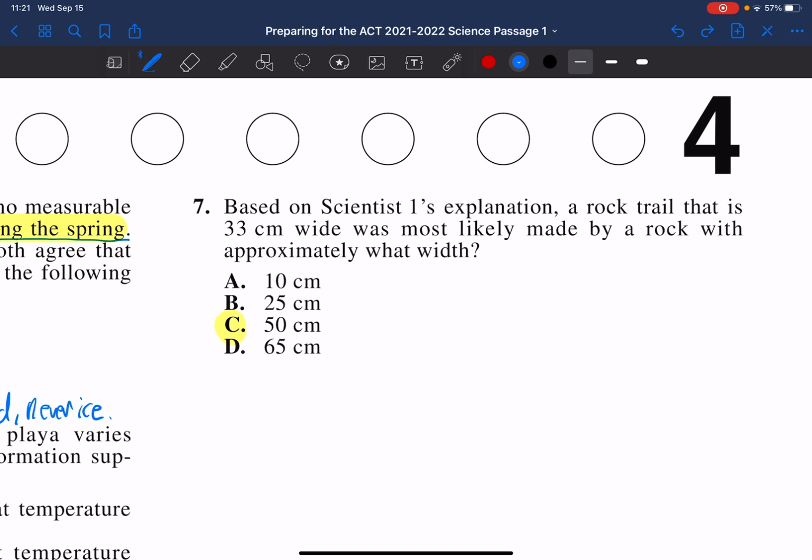And then number 7, based on scientist 1's explanation, a rock trail that is 33 centimeters wide was most likely made by a rock with approximately what width?